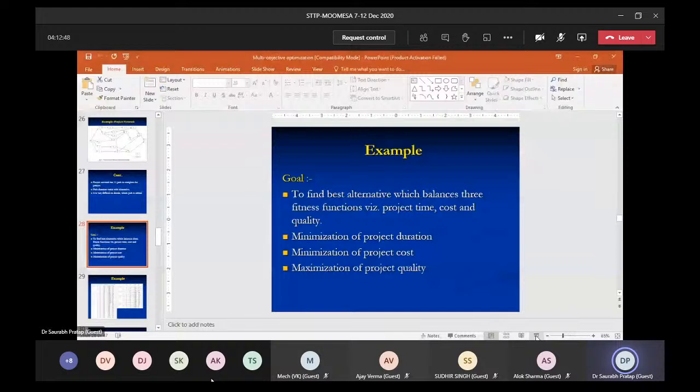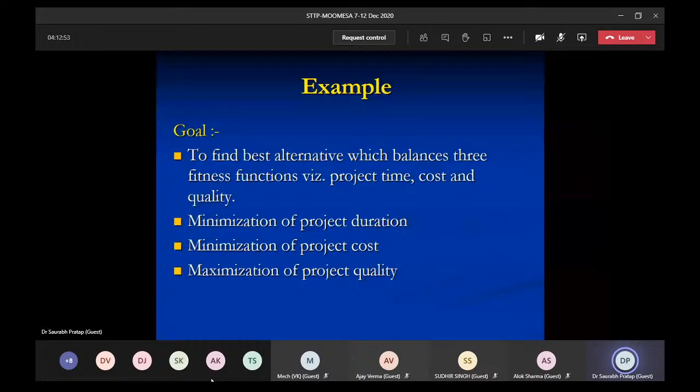So we have to minimize the project duration and the project cost, but maximize the project quality. In this example we have three objective functions.